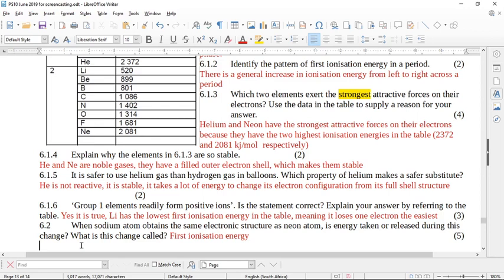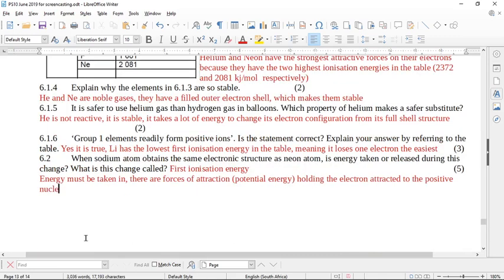And is energy taken in or released? Energy must be taken in, because there are forces of attraction, and this means potential energy. Forces of attraction mean potential energy holding the electron attracted to the positive nucleus. So energy must be provided to overcome the forces of attraction.